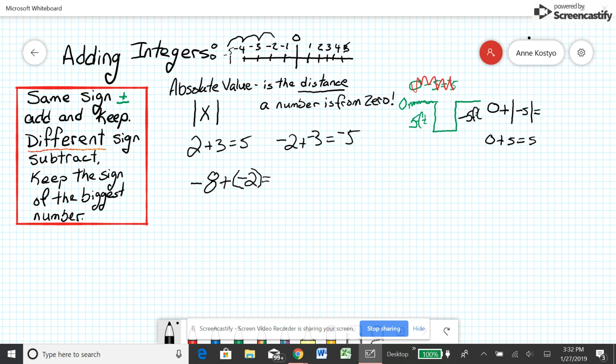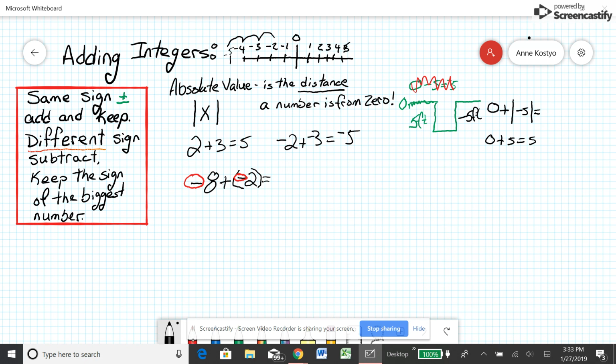All right, well, let's take a look at this problem because we've got some parentheses in here that always make it look a little strange. And I have a negative sign in front of the 8, and I have a negative sign in front of the 2. Well, I'm going to go back to my poem, and I can see same sign.